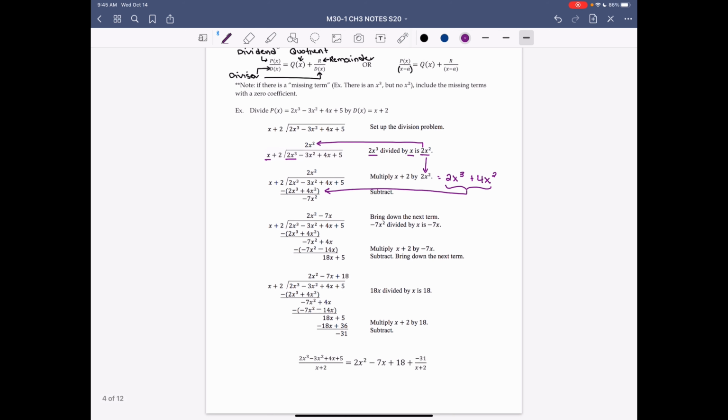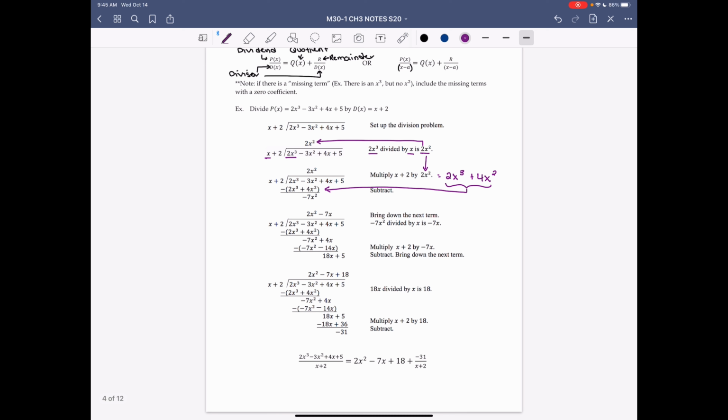And then we basically repeat the process. So we bring down our next term from our dividend, which is 4x. Then we look at the first term in this polynomial that we have here, so negative 7x squared. We divide that by the first term in our divisor, which is x, and we get negative 7x.